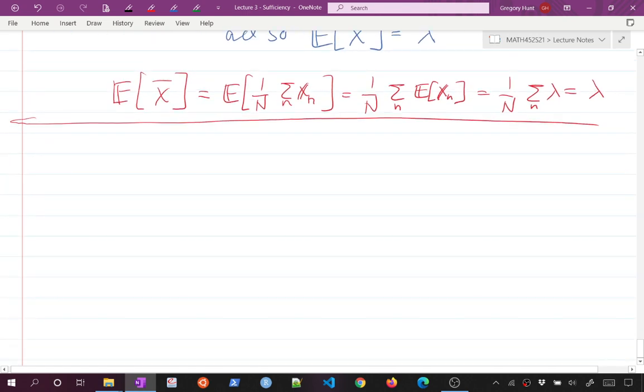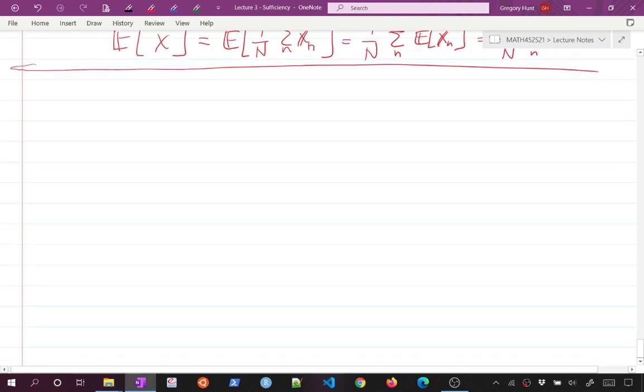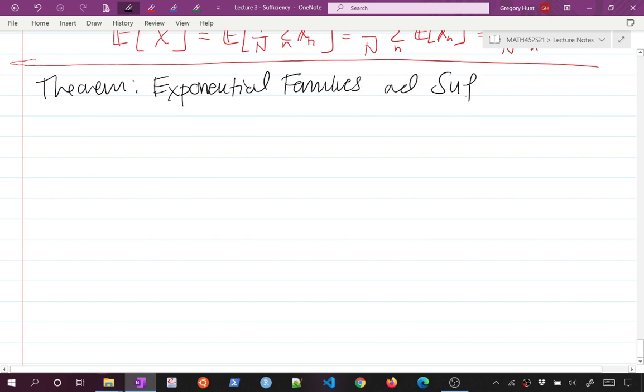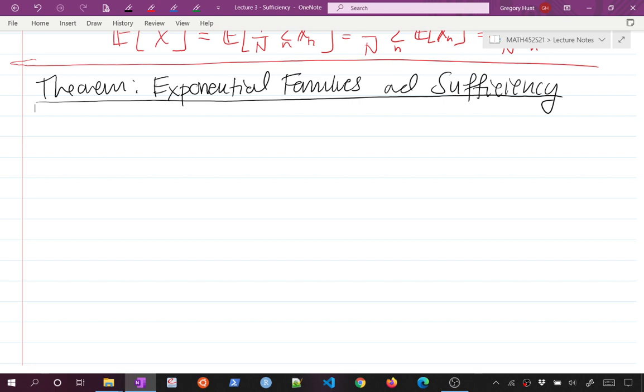So I think that basically the last thing we want to do here is talk about a theorem relating exponential families and sufficiency. So the theorem goes as follows.